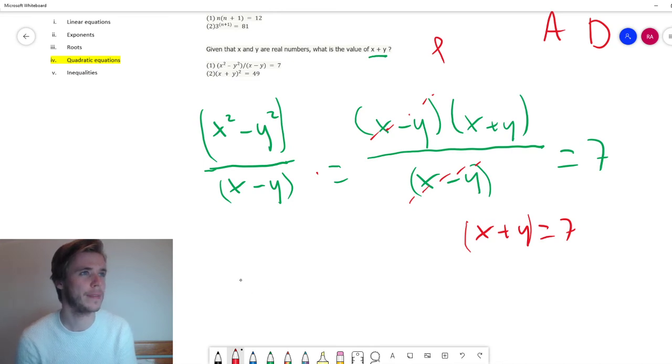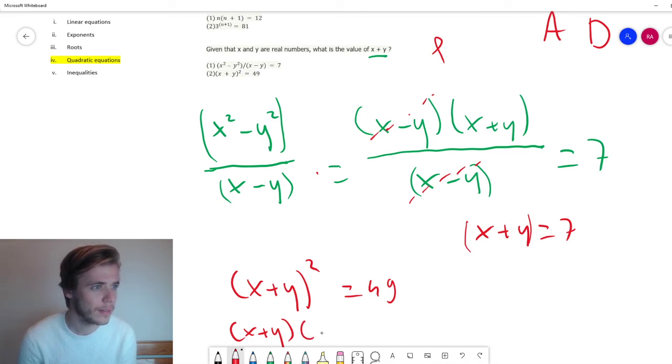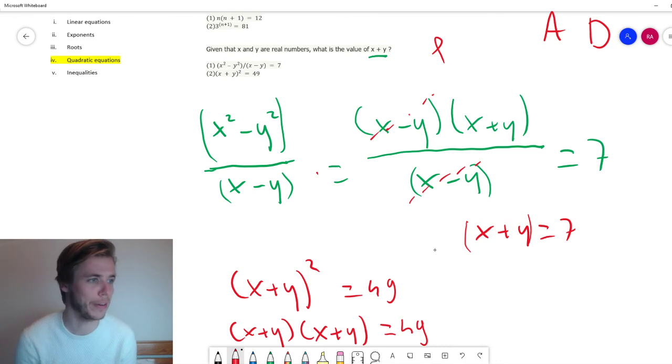So we get (x plus y) to the power of 2 is 49. You can rewrite this as (x plus y) times (x plus y) is 49.